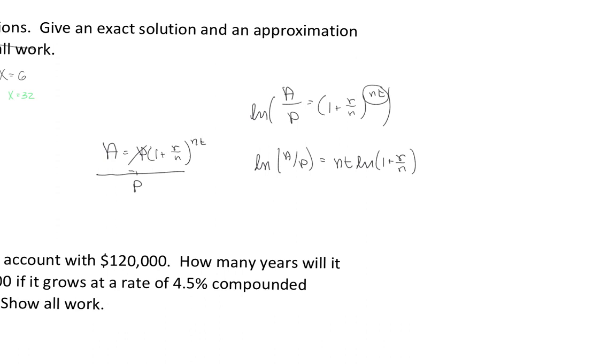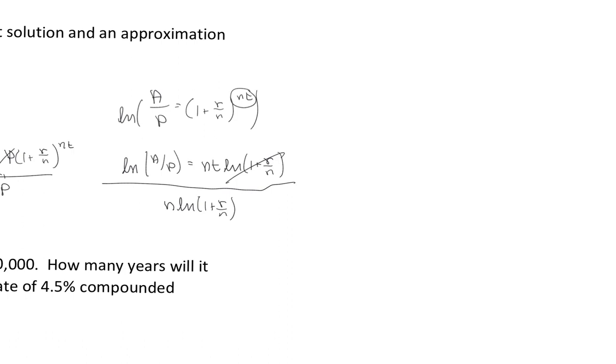Now solving for t is pretty easy, because it's either multiplying by n or this natural log. So what we want to do now is divide that whole thing by n times natural log of 1 plus r over n. That's going to cancel this out and this out.